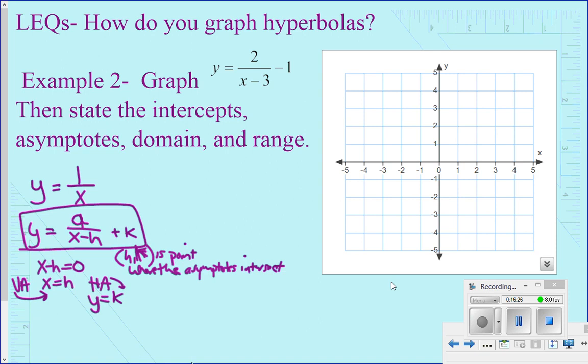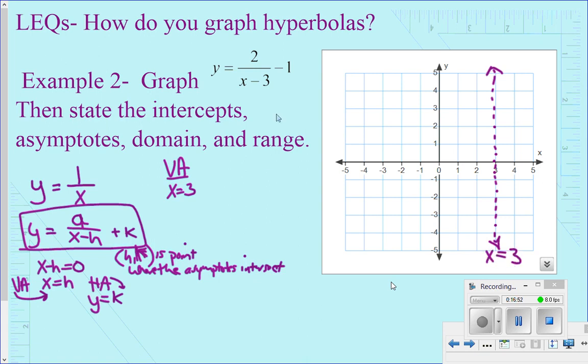Okay, so for this particular graph, if I have x minus 3, I should be able to look at that and see what the vertical asymptote is pretty quickly. Setting x minus 3 equal to 0, I'm getting x equals 3 is the equation for the vertical asymptote. So now that I know that, I'm going to plot that. So I'm going to go to x equals 3, and I'm going to make a vertical line, dotted, and I'm going to label it.